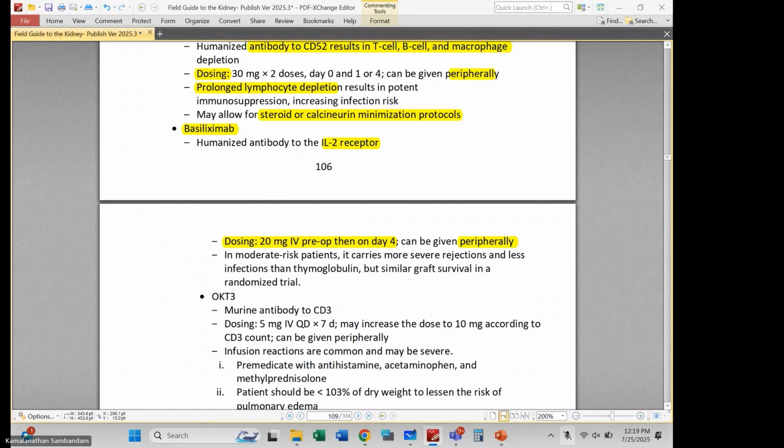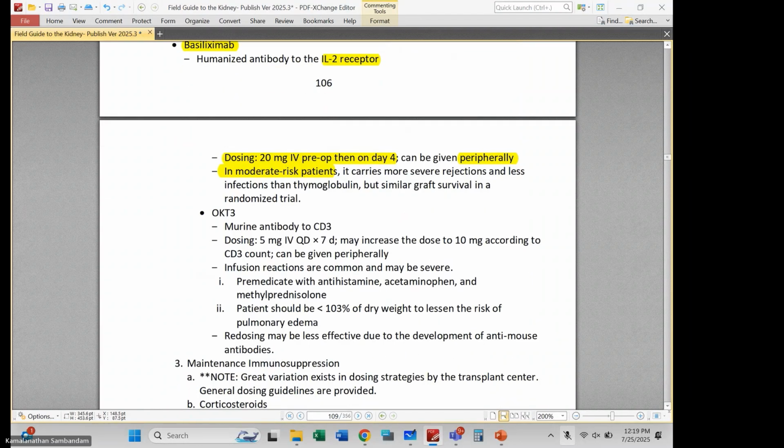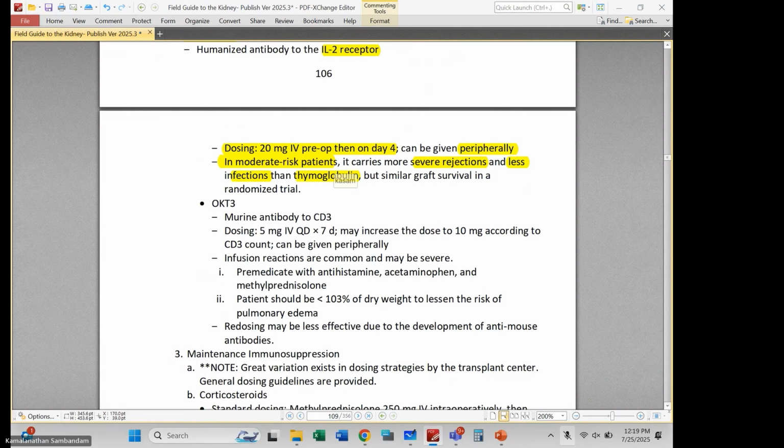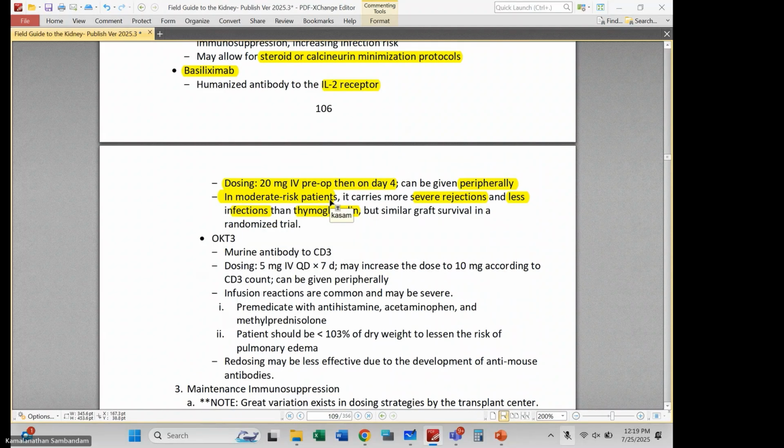Again, it's not a potent immunosuppression agent, including what has been found in randomized controlled trial data in moderate risk patients. There is an increased risk of rejection rate, although there's less infection rates when compared to thymoglobulin. Okay, so higher rates of rejection, less infection with the basiliximab, the anti-IL-2 receptor.